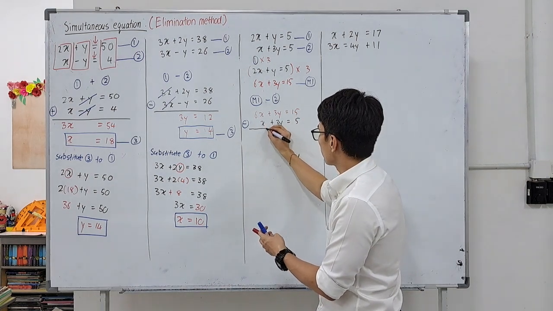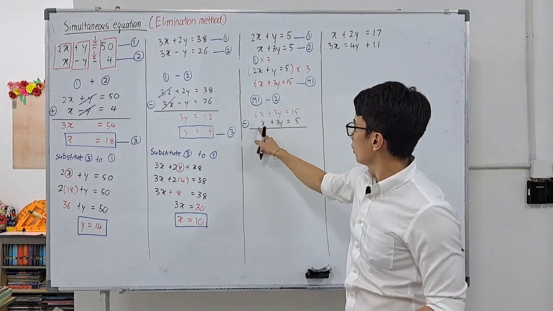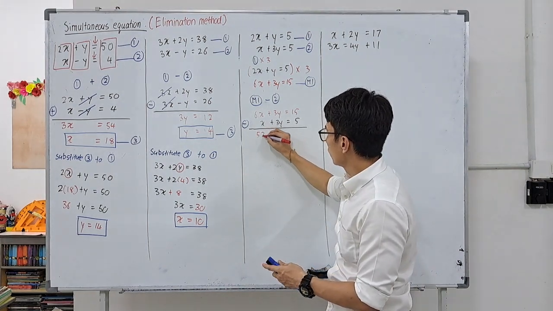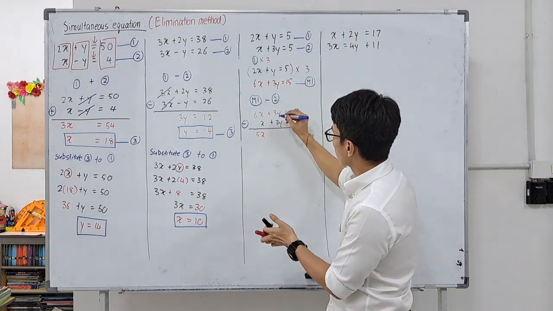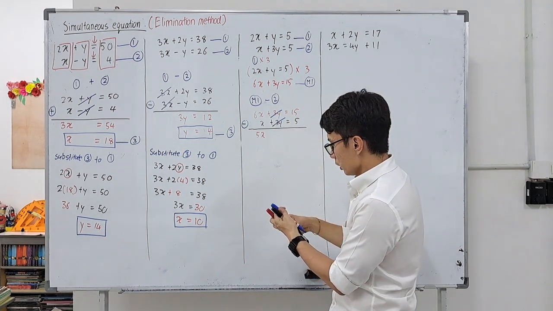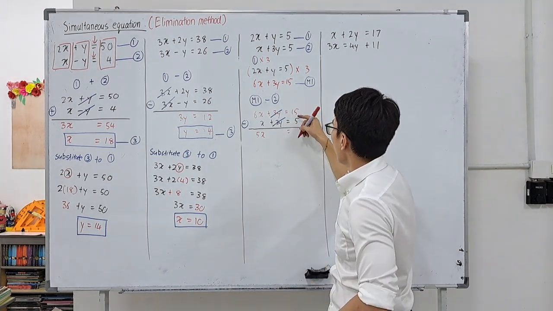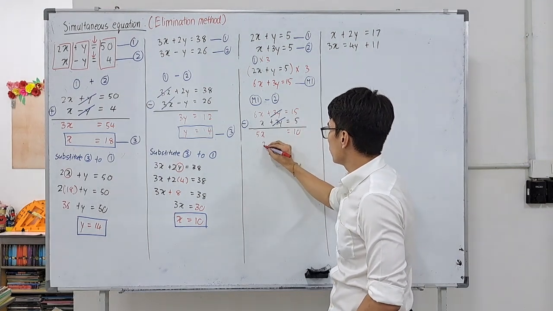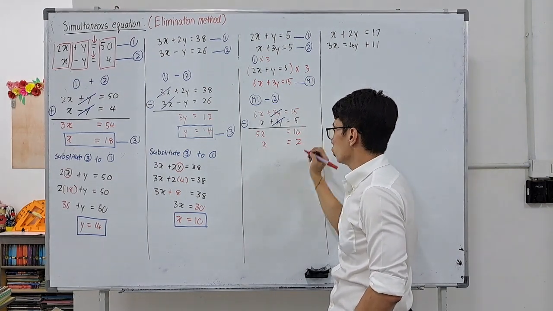So let's subtract now. This subtract with this, that will give me 5x. This subtract with this, that will cancel out everything. Equal sign will remain. And this subtract with this, that will give me 10. So I know here x is going to equal 2.